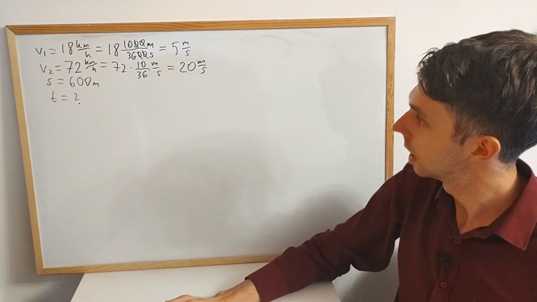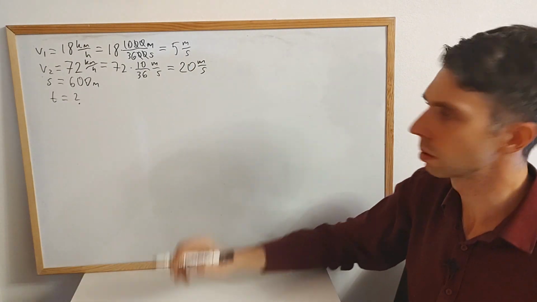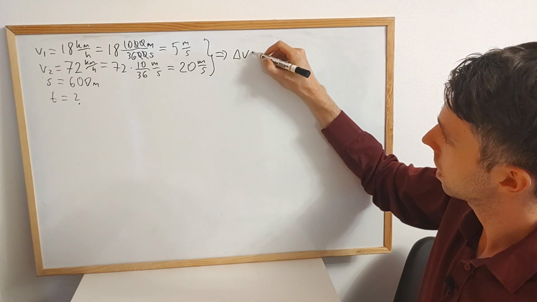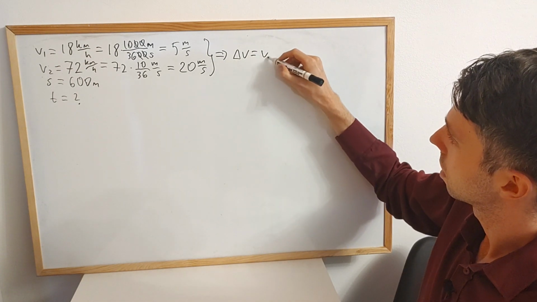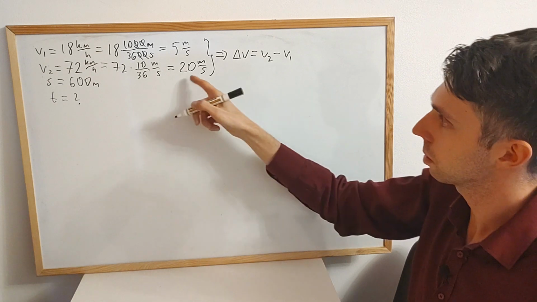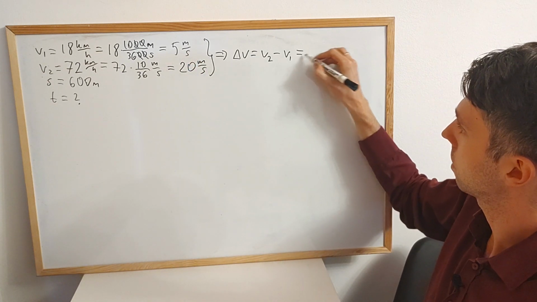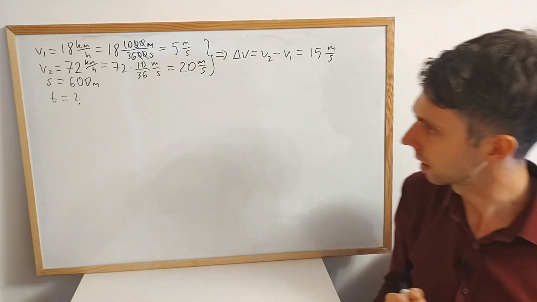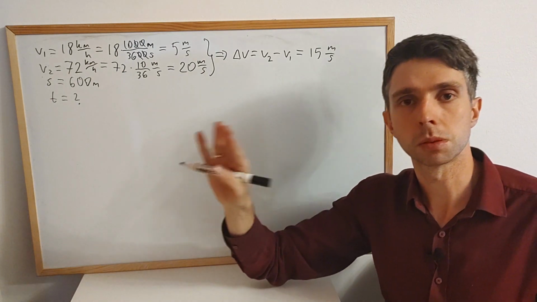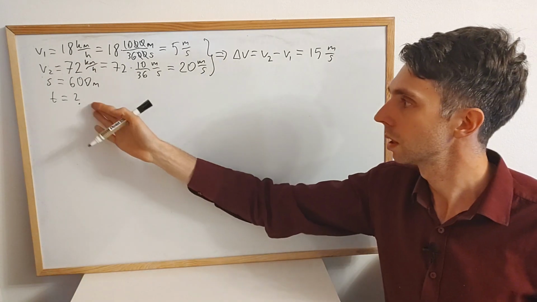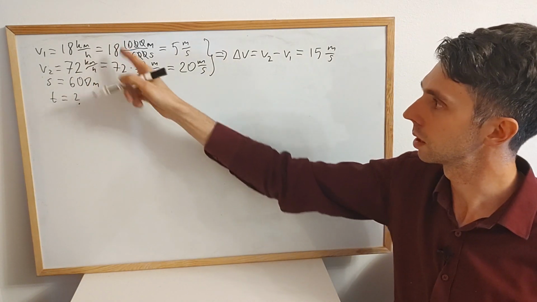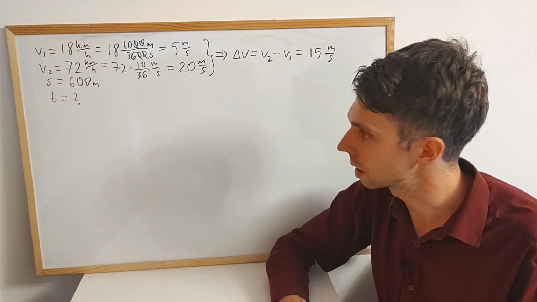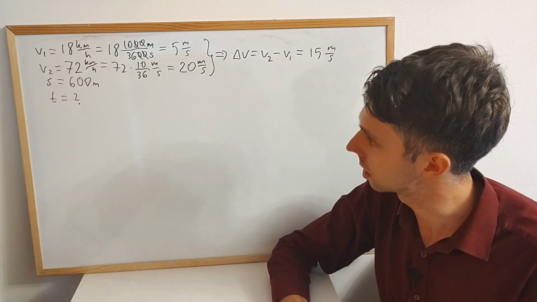All right. So it's easy to see from this that the change in speed is v2 minus v1, so it's 20 minus 5, so it's 15 meters per second. Okay, so we have uniformly accelerated motion. We know the speeds, change in speed, and we know the distance. We need to calculate the time.